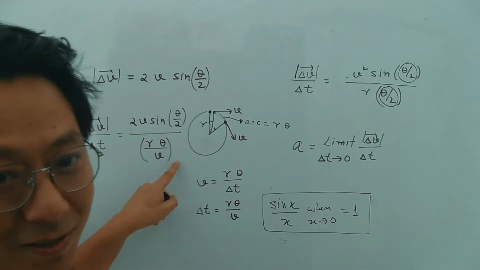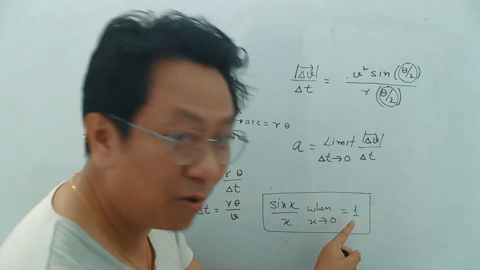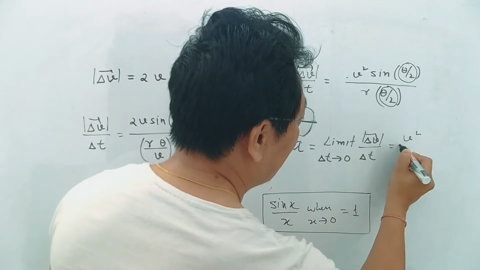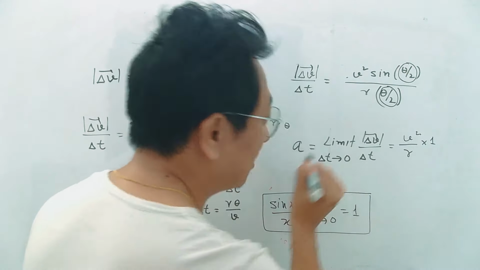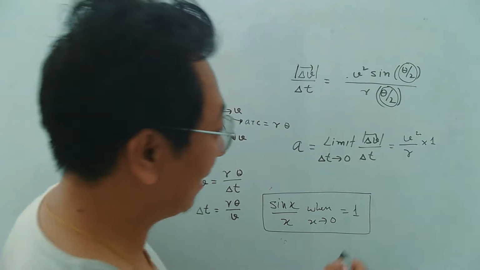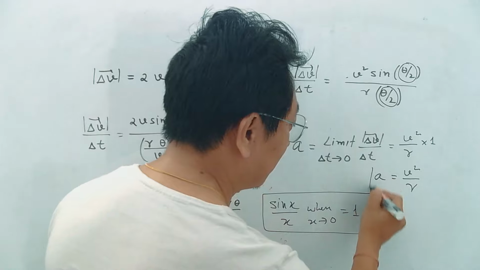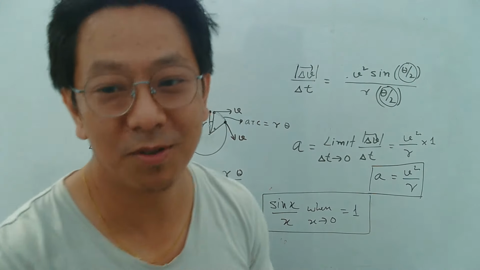When this theta becomes very small, this x will be very small, then that ratio will be 1, and then the answer will become v square by r. This ratio will be 1 when your time interval is very small. And that is the formula for instantaneous acceleration when a particle moves with uniform speed.